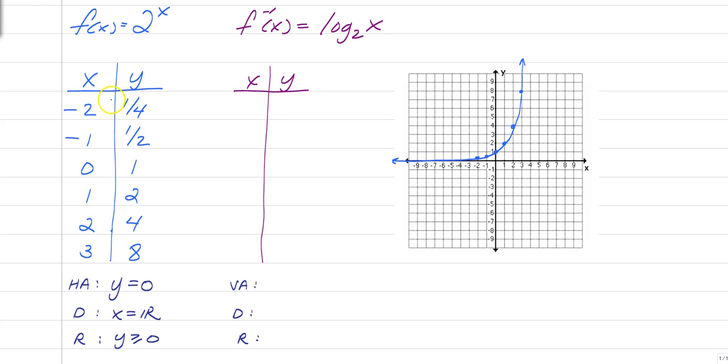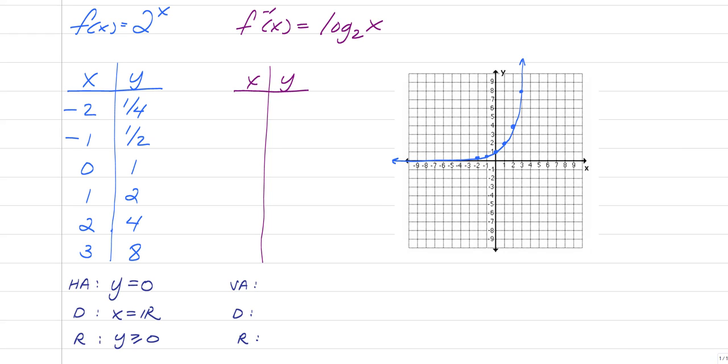Now, we've already talked about the fact that 2 to the x power is an exponential growth equation, and once it's in the negatives, you're just getting smaller and smaller fractions, because 2 raised to the negative 2 is 1 over 2 squared, which is 1/4. And then as you get into positive numbers, it's just going to get bigger and bigger and bigger.